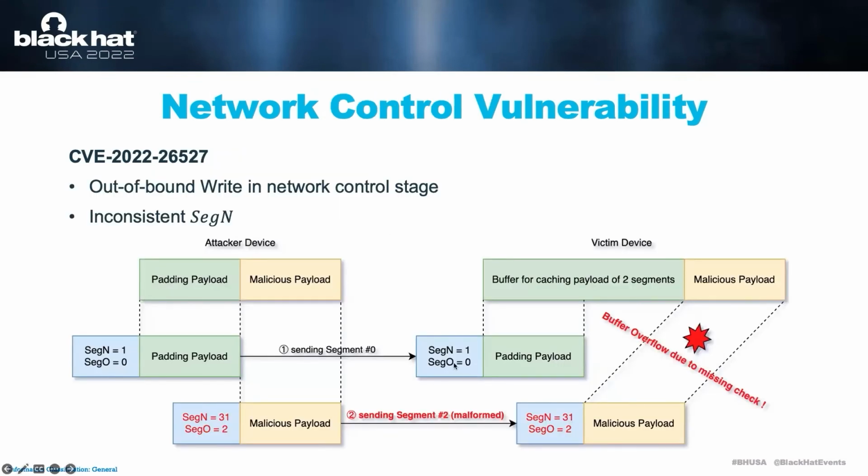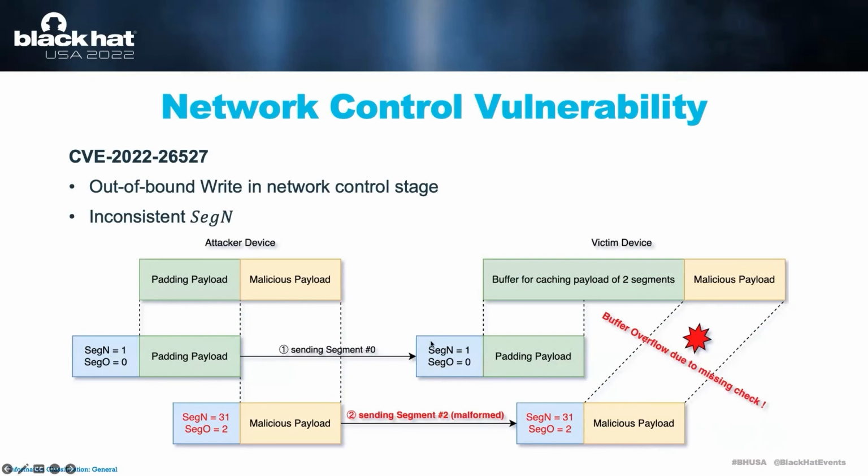Okay, the second case is an out of bound write vulnerability in the network control stage. Again, we need to know these two fields, the SEGN and the SEGO. SEGN is also the number of segments, and SEGO is similar to the segment index in the network build protocol. It is the offset number, which indicates which segment the current packet is.